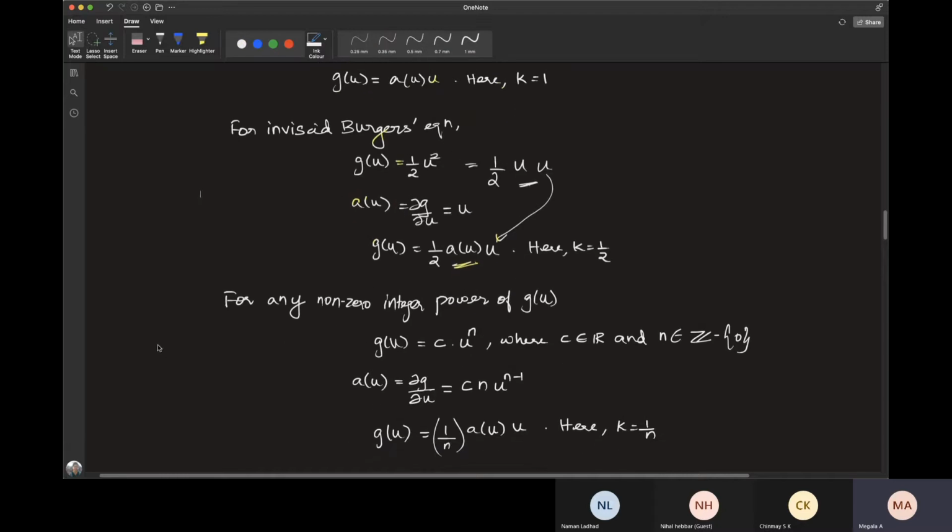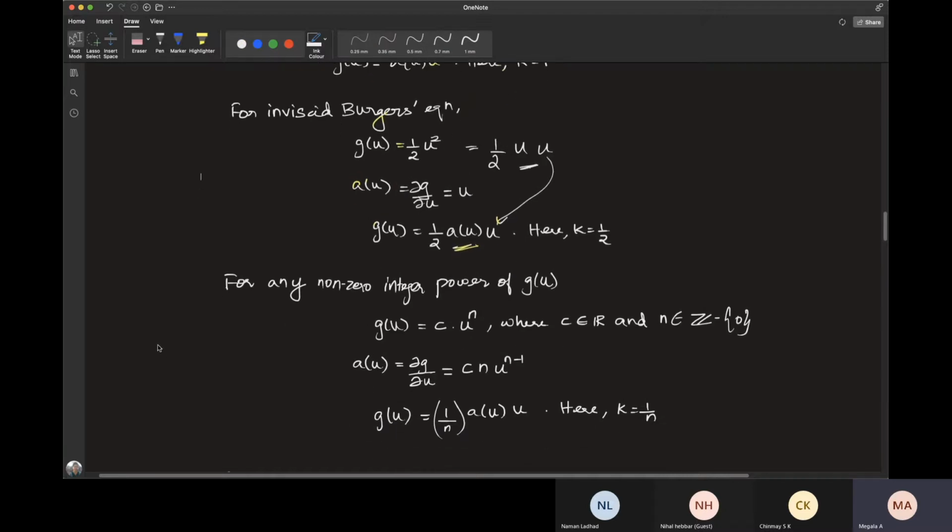And let's just consider any g of u with some non-zero integer power. Let's say g of u is c into u power n, where c is some real number and n is a non-zero integer. So it can either be negative or positive. Now in this case, a of u will be dou g by dou u, that will be c into n into u power n minus 1.